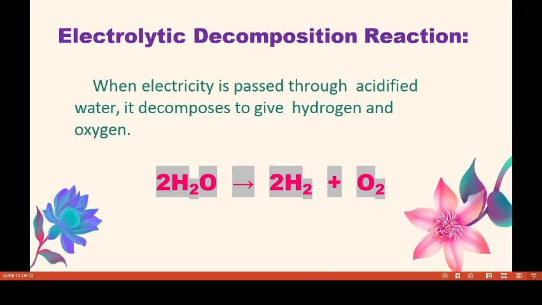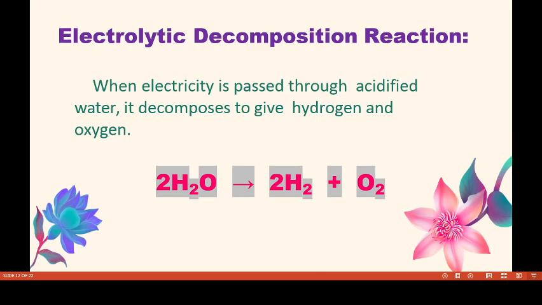The second one is electrolytic decomposition reaction. For this reaction, we mainly apply electricity. When electricity is passed through acidified water, it decomposes to give hydrogen and oxygen.